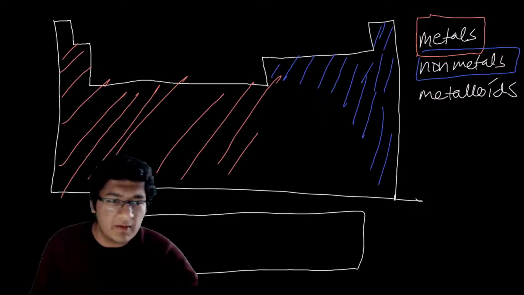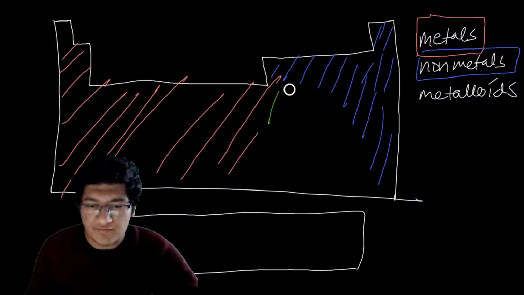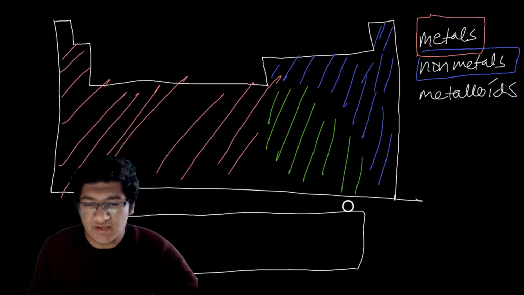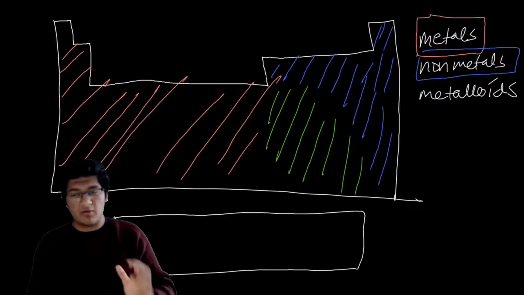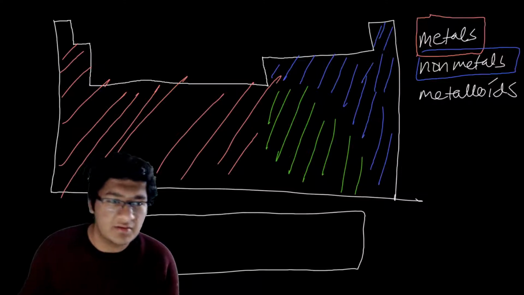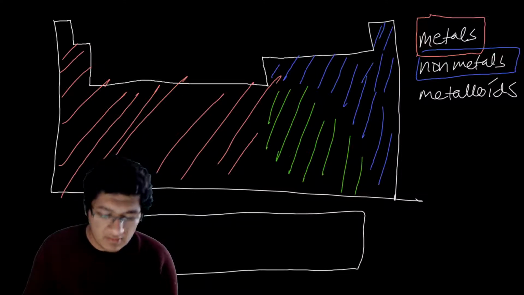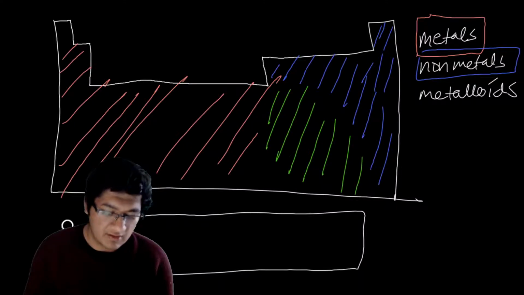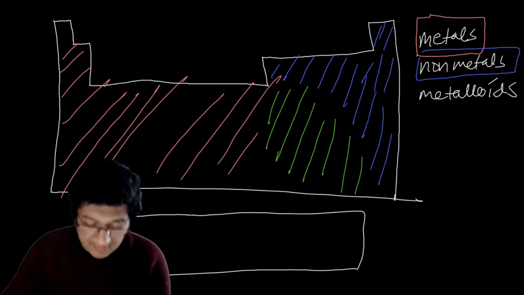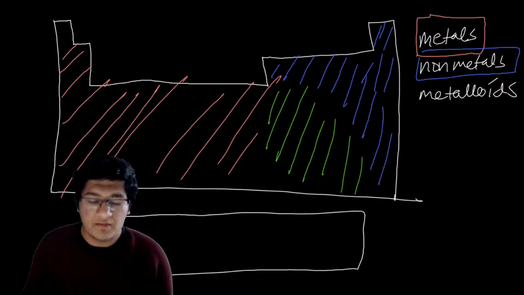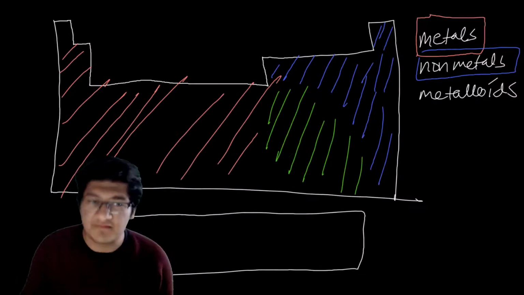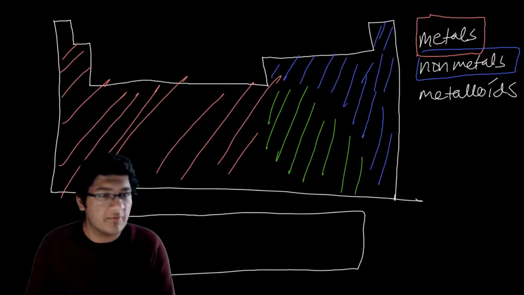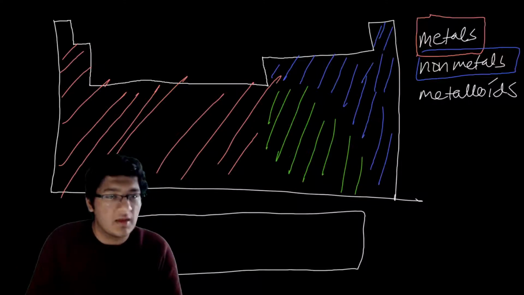And then we have this weird space over here that I purposefully left out. This is the region of metalloids, where it could be both a metal or a non-metal depending on different properties or different surroundings. And then we have some weird stuff down here. I think they're called actinides, and something else. It doesn't really matter much given the scope of what we have to do in this event.